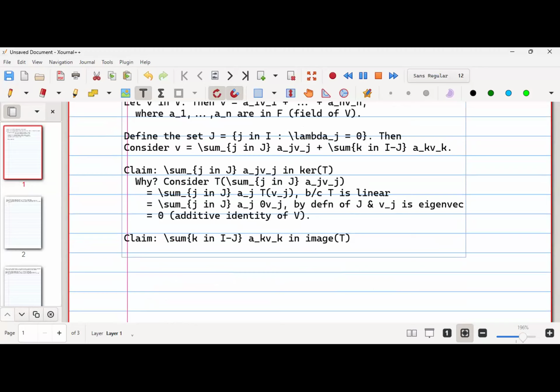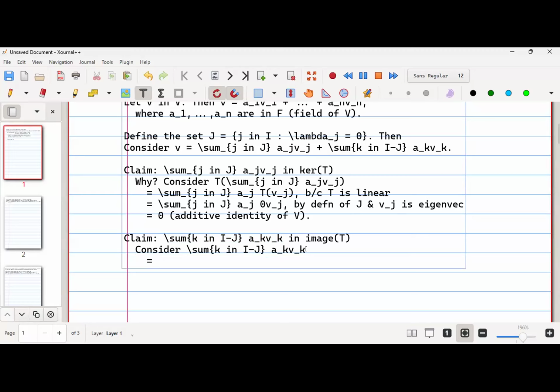By definition of image of T, we want to show that we can find a vector in V that maps to it, right? So let's start from here.